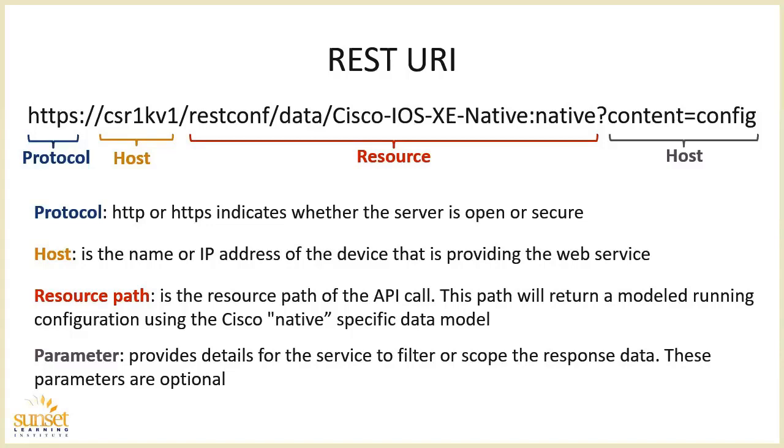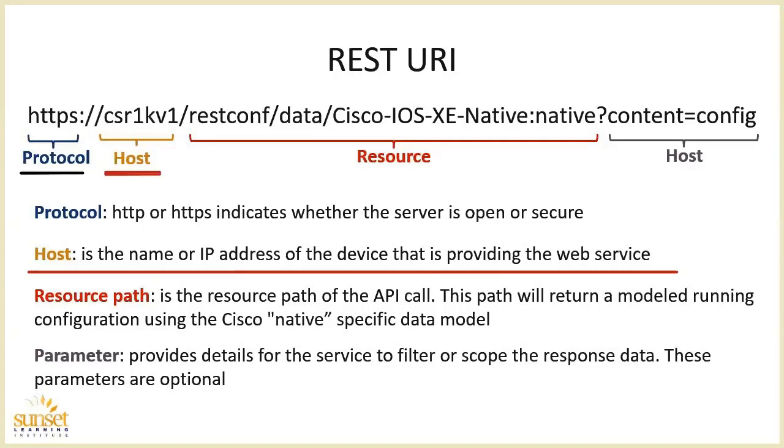So when we send a request, we're going to be using HTTP or HTTPS. That's the protocol. Then we have where we're sending it to, which is the host. The host can be an IP address, can be the name. We're sending it to the API over the web.